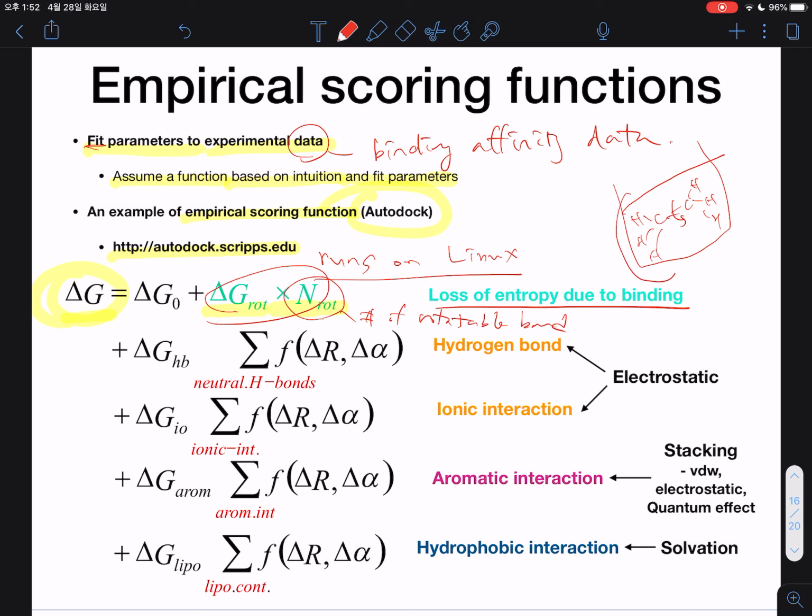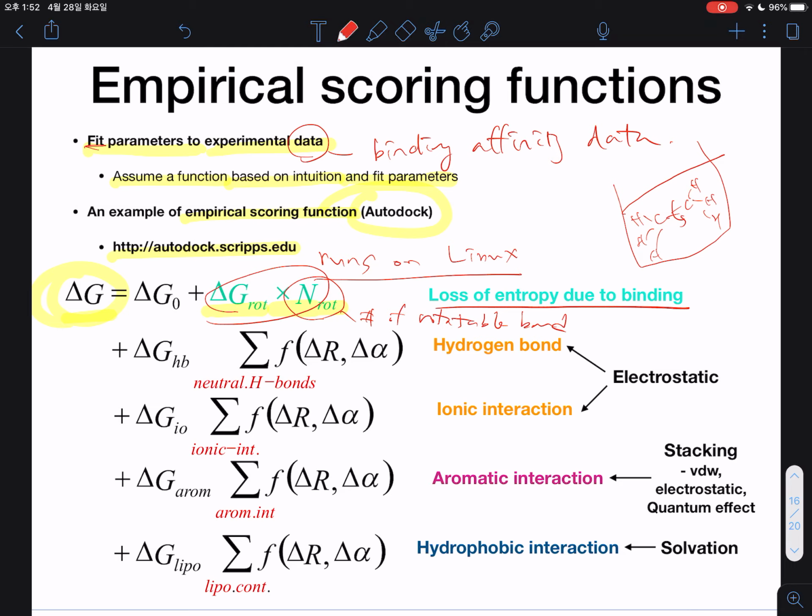But once the ligand is bound with a protein, it cannot rotate freely, which means it loses its freedom to rotate, and so it loses entropy. So this term represents loss of entropy.